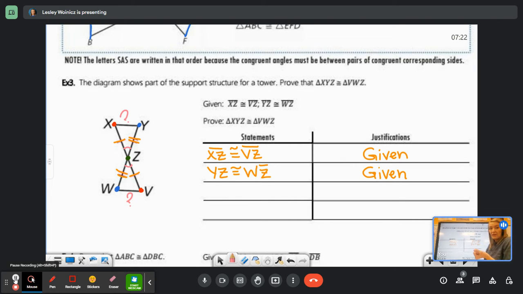And fortunately, I have a theorem for that. I know that those two angles are congruent by the vertical angles theorem. So I'm going to make sure that I go red, green, blue. Angle XZY is congruent to angle VZW, and I know that because of the vertical angles theorem.